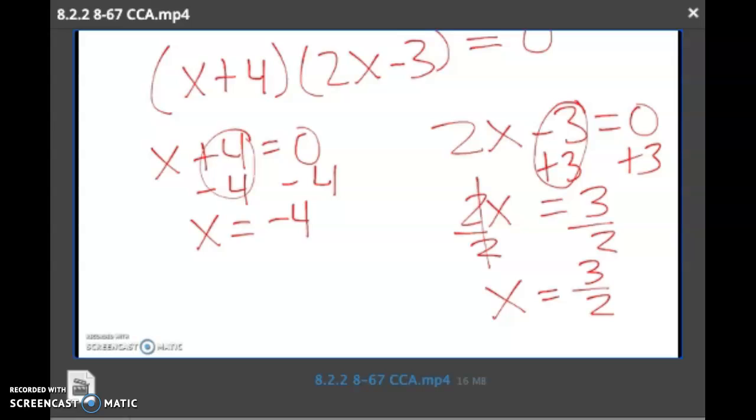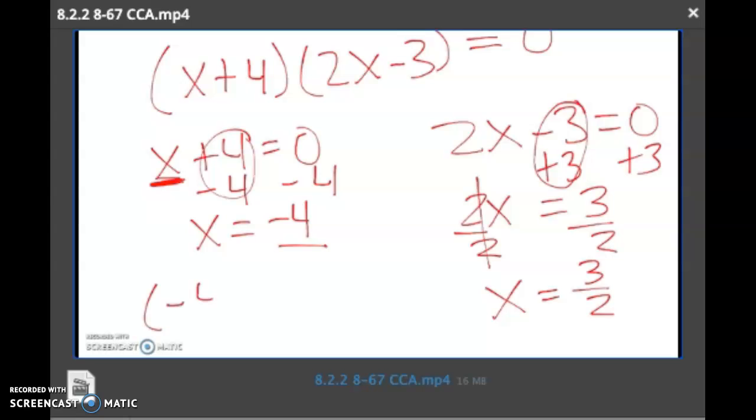All right, so these solutions are the x values that make my equation true, right? If I take this negative 4 and plug it in for x, I'd have negative 4 plus 4 equal to 0. It makes it true. Same thing with my other equation. When we talk about our solutions, we're looking for these x-intercepts, right?